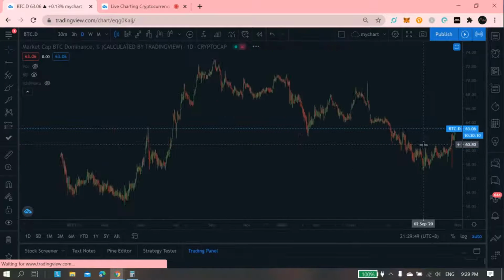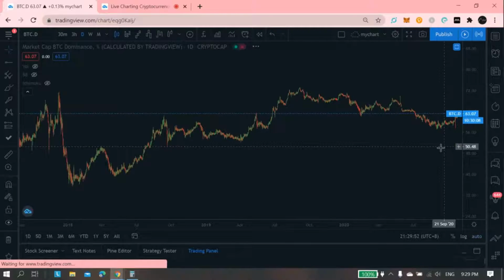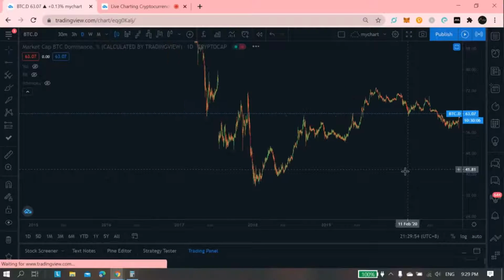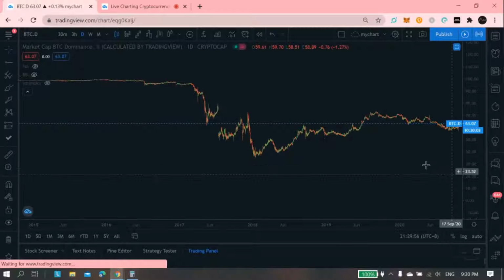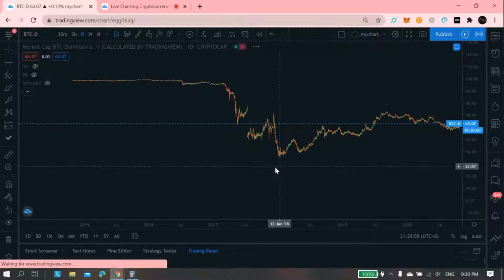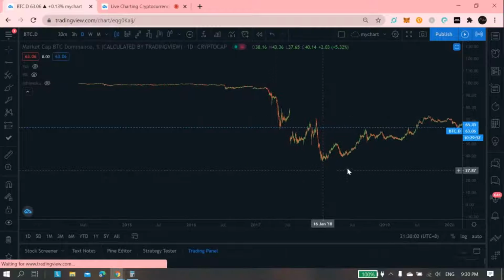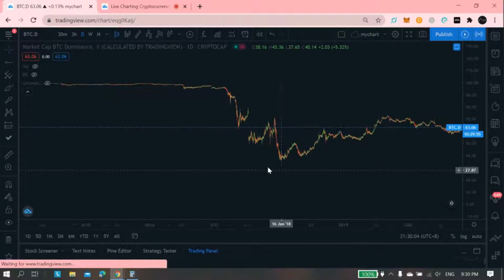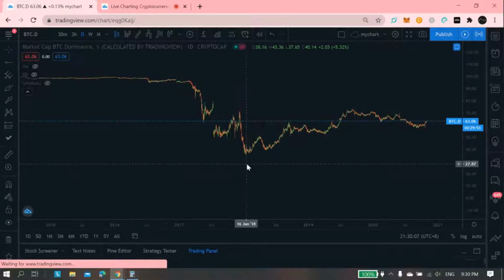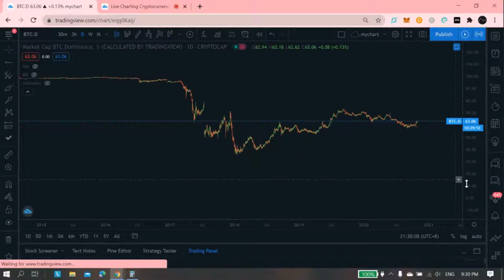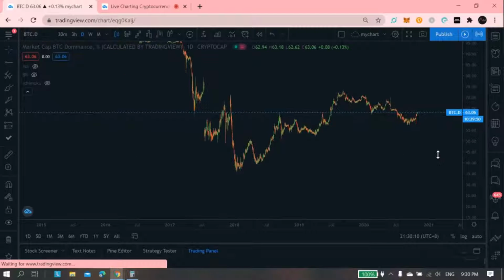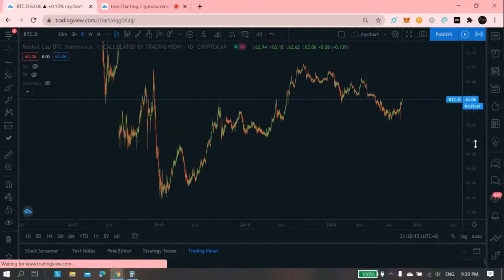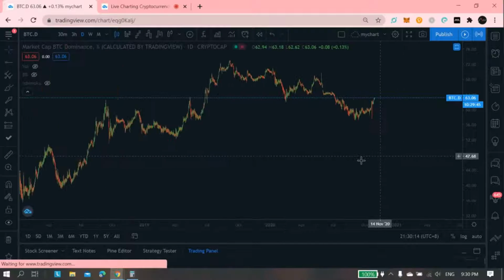Well, anyway. So this is the whole chart using the daily time frame. Actually, if you look at it, there are gaps. So this is the first gap that will possibly be filled.